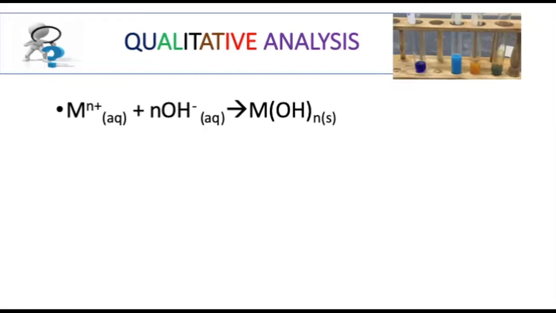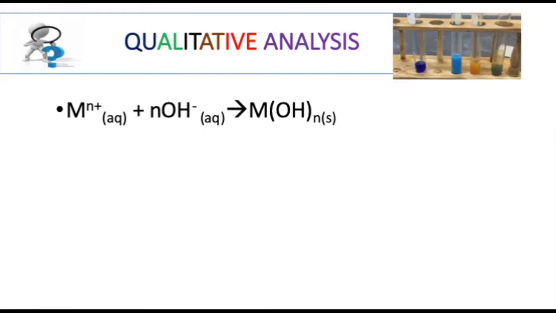All hydroxides are insoluble except ammonium hydroxide and those of the alkali metals, that is, the metals in group 1 of the periodic table, including potassium and sodium. This means if sodium hydroxide solution is added to a solution containing any metal ion except ions of the alkali metals, a precipitate will form since the metal ion reacts with the hydroxide ions, forming an insoluble hydroxide.